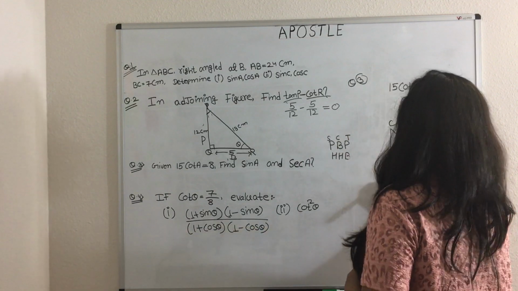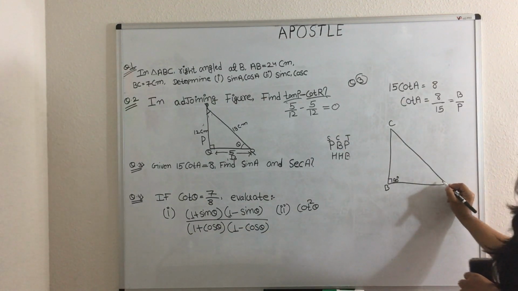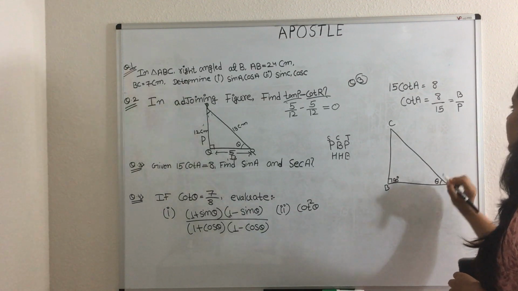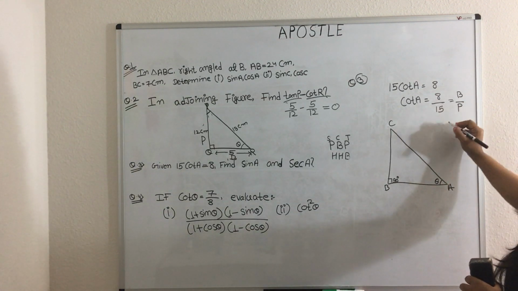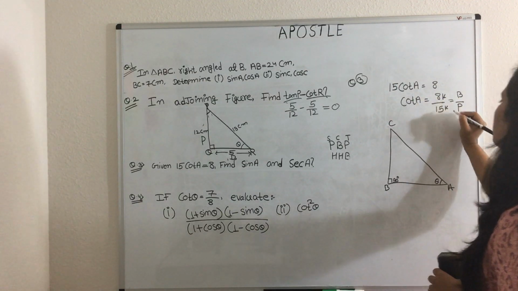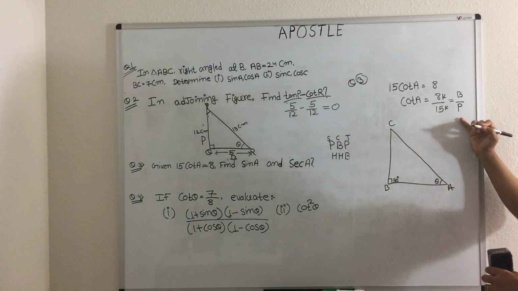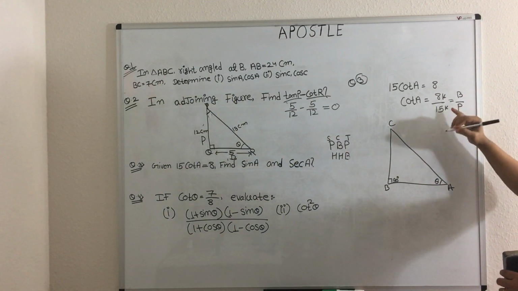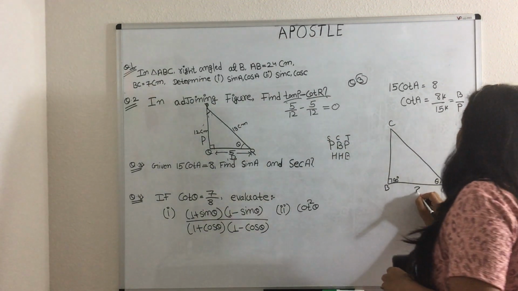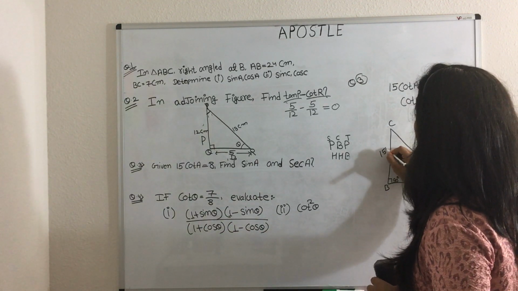In this, our angle B is 90 degrees, and for cot A our theta is here, right? We consider the base as 8k and the perpendicular as 15k. We can use any letter like A, B, C, D, but here we are going to use k.